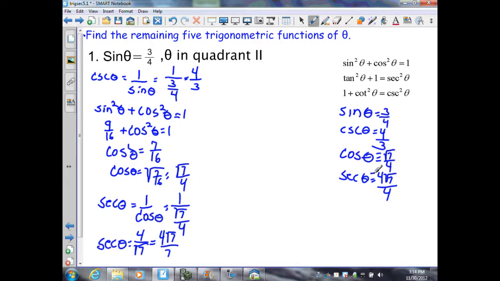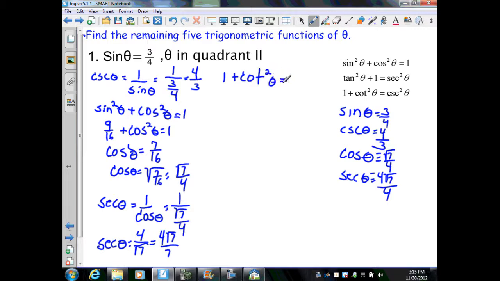Now, I need to find tangent or cotangent. And probably the easiest one to find is cotangent, because I know cosecant is already 4/3. So I have 1 plus cotangent squared theta equals cosecant squared theta.